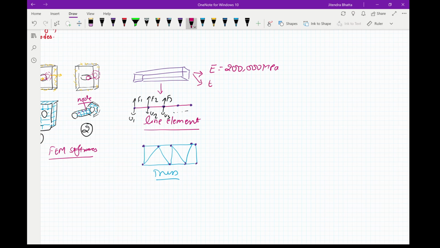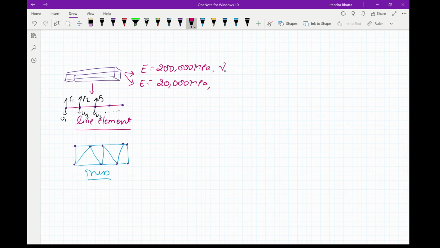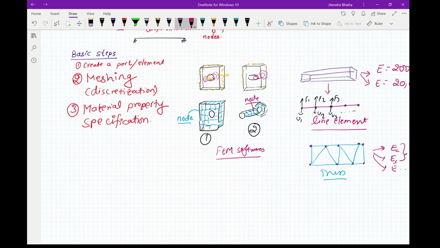If this was concrete, then it will be 20,000 MPa. Similarly, there are different properties that you can assign. It may be Poisson's ratio as well. So in truss also, you may have to specify your material properties, which may be concrete or steel or some other element.